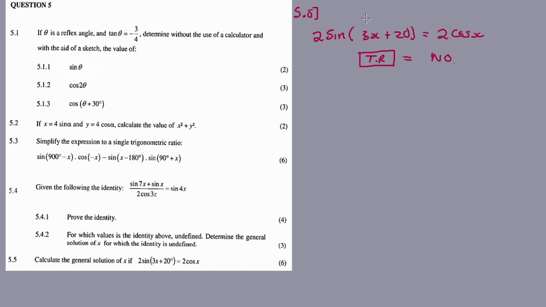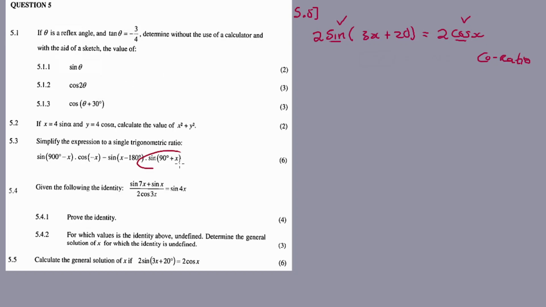So the problem here is that we have two trigonometric ratios, sine and cos. That is a problem. But lucky for us, we have something called a co-ratio.